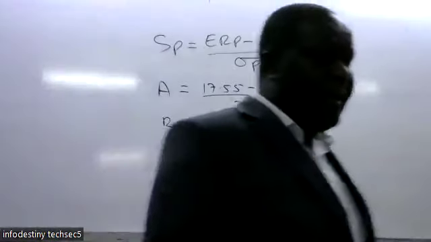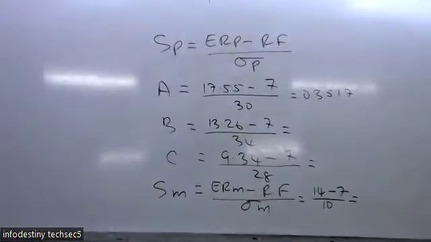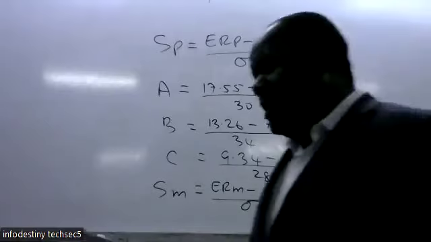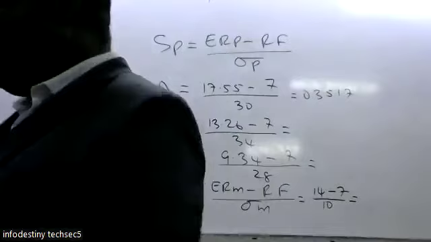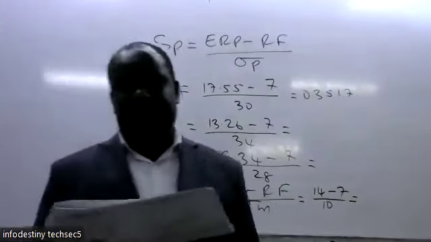Realized returns are the expected returns. They gave you the beta factor, also the standard deviation.